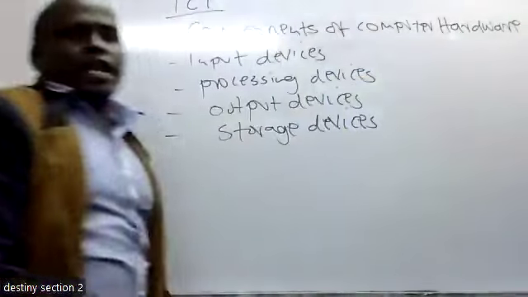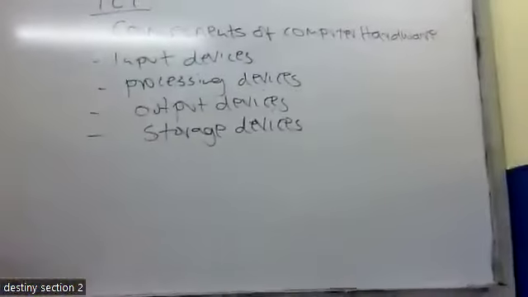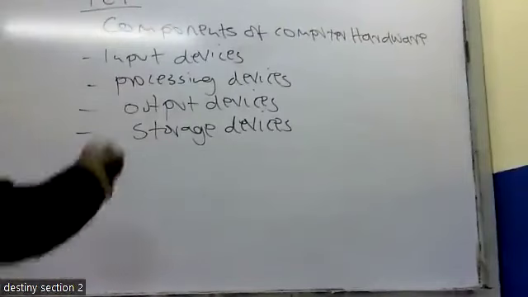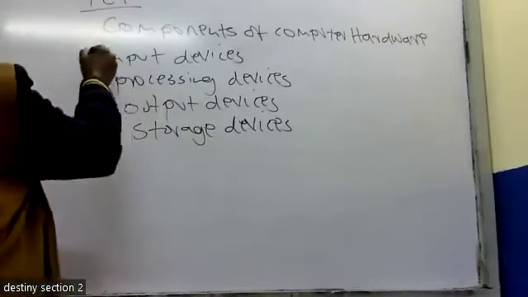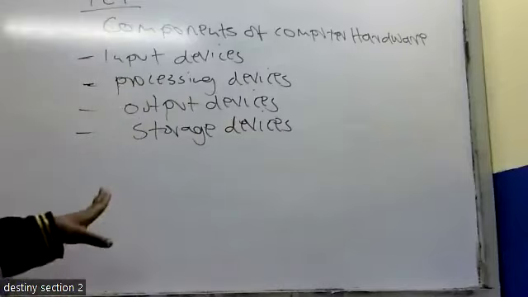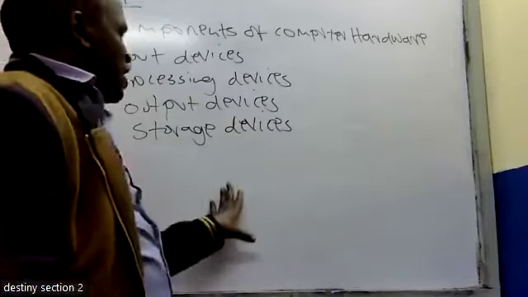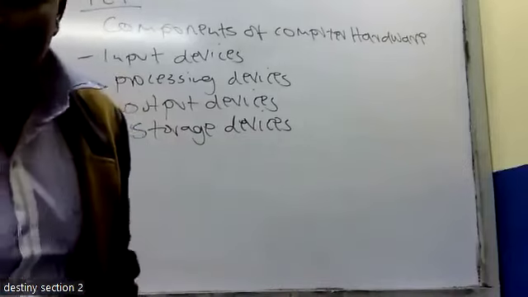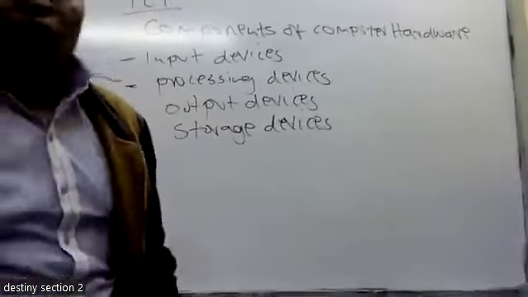And then we said yesterday, the computer hardware is what? It is the physical and tangible components of a computer. So these components, we have input devices, processing devices, output devices, storage devices. So it doesn't matter how you twist it.